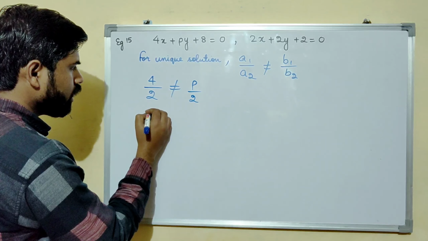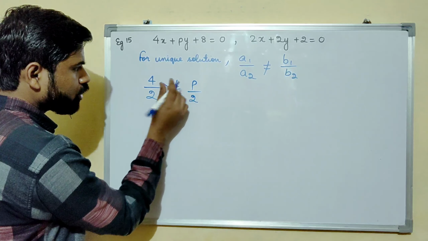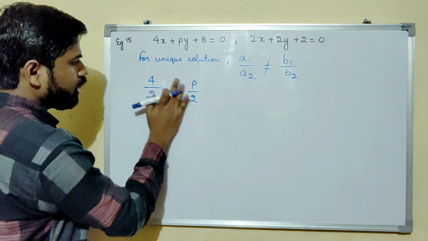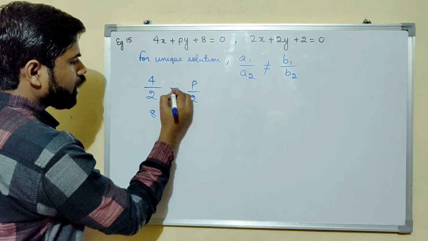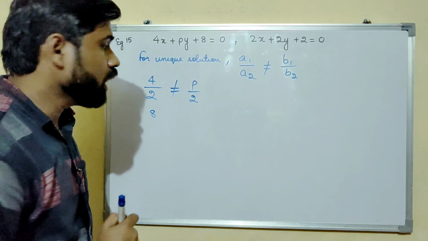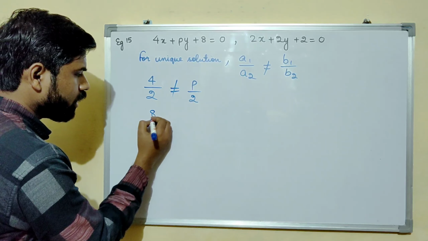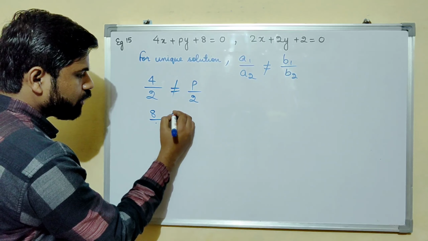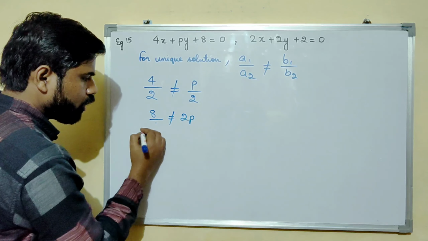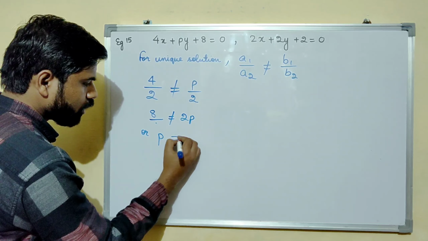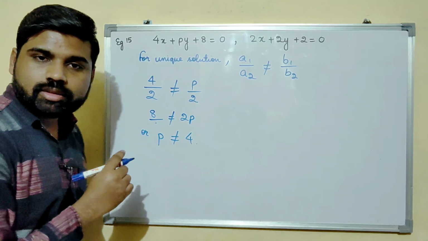You will get 4 2s are 8, since you are cross multiplying. I'm not drawing the line, otherwise it will be a mess. So 4 2s are 8 here, which is not equal to 2p, or you can say that p is not equal to 4. What does this mean?